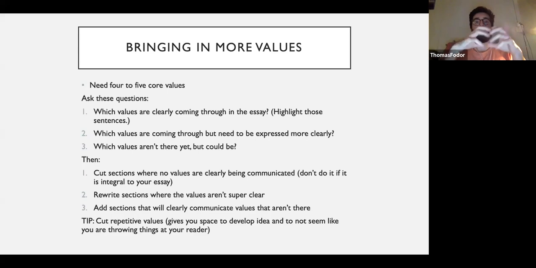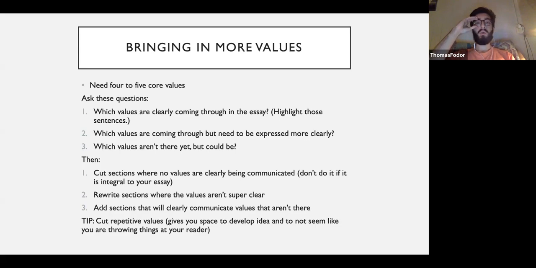But if there are big sections of your essay that do not convey a value, then you might need to cut it or revise it so that it includes values, which is the second part. Rewrite sections where the values aren't super clear. And finally, if you feel that you don't have enough values, or there are values that you still need to add to your essay, add sections that will clearly communicate values that aren't there.